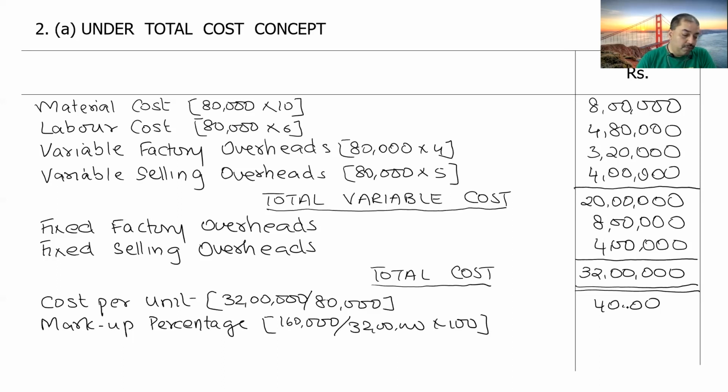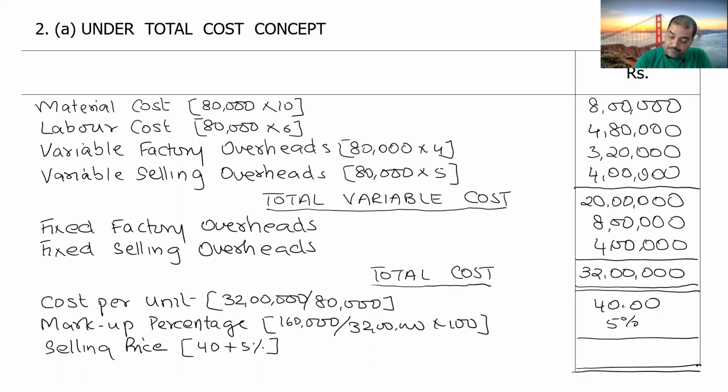So that comes to 5%. Calculate this 5% on 40 rupees and find out the selling price. So selling price is equal to what? 40 plus 5%. That is 42 rupees. So these are the three things that they have asked for.